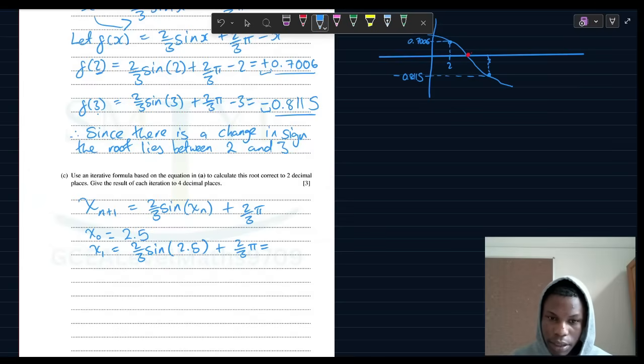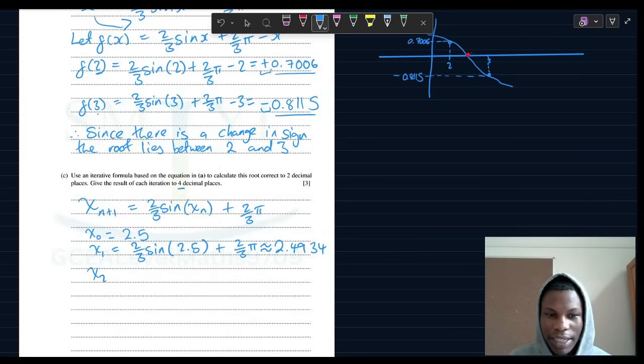And that gives us 2.493. They want each iteration to 4 decimal places, so let me say that this is approximately that. Let's just try to use the correct notation, but don't worry too much about that.